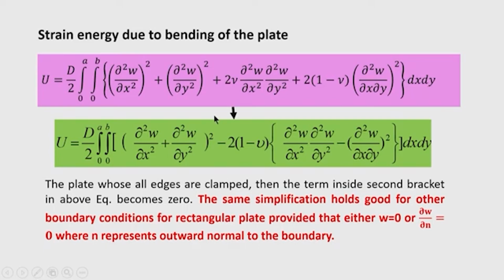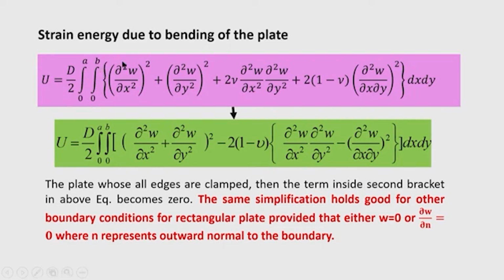The domain of the rectangular plate of size a and b is, in the length direction, from 0 to a, and in the width direction, 0 to b. So, we have substituted the limits of the integral as 0 to a for x and 0 to b for integration with respect to y.